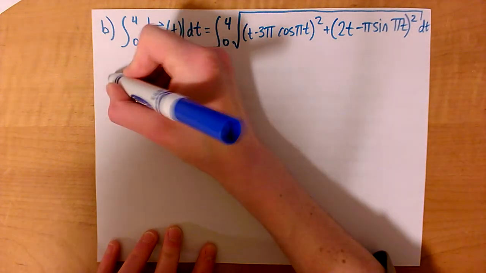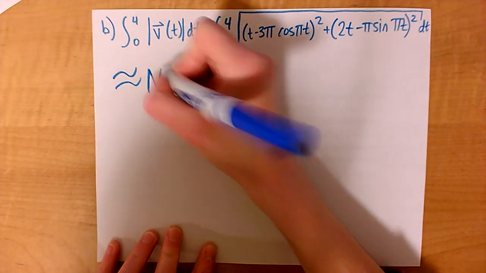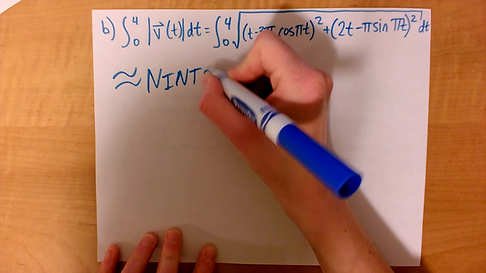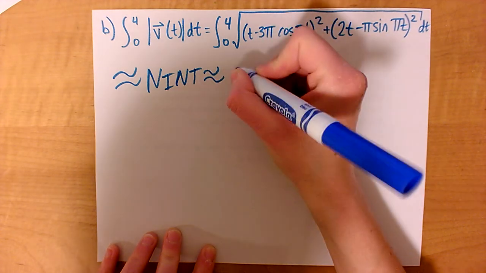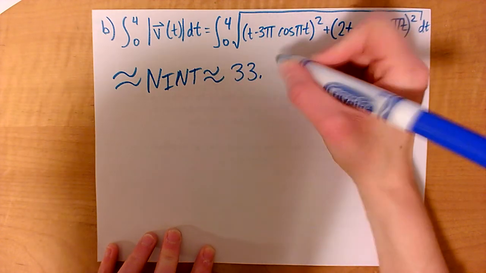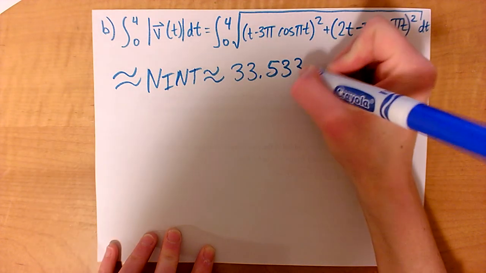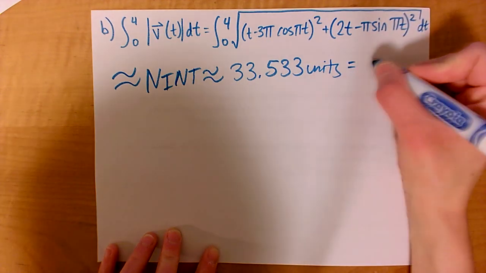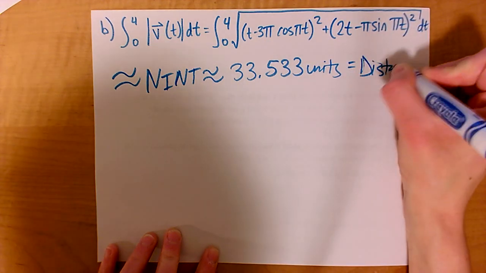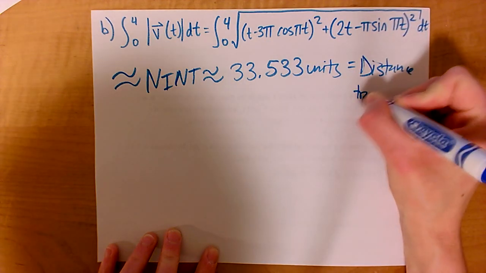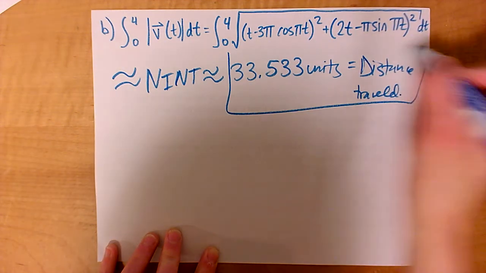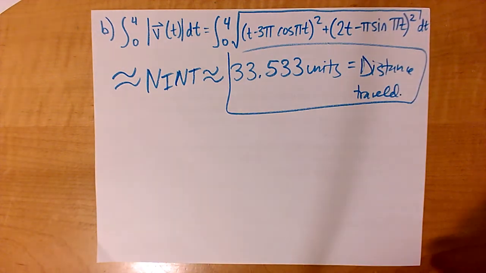That's a nice mess, so I'm just going to plug that in my calculator and I'm going to get about 33.533 units, and that would be the distance traveled by the particle. Okay, so that's it for part B.